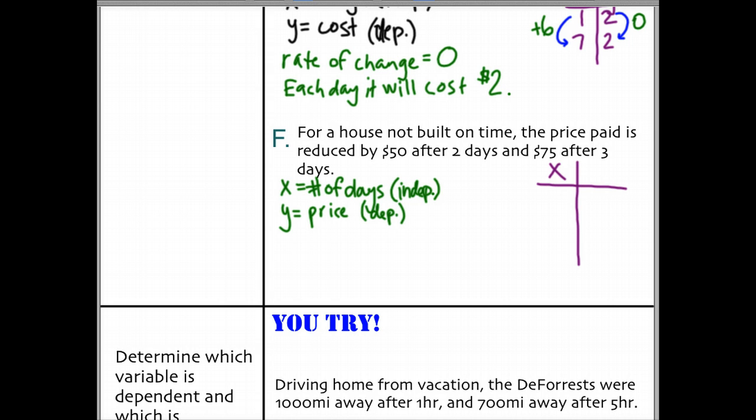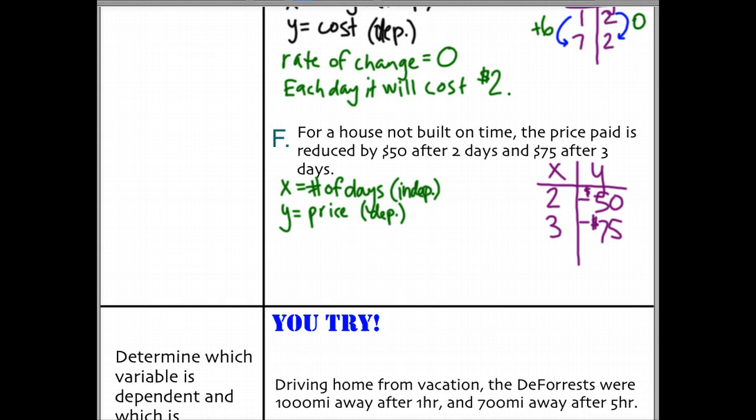We have x and y. So it's reduced after 2 days, so x equals 2, and we're decreasing, so negative 50. And $75 after 3 days. So after 3 days, it's going down by $75.